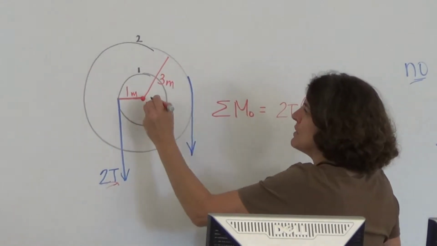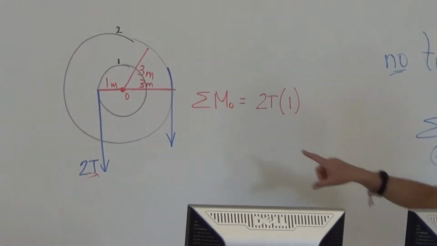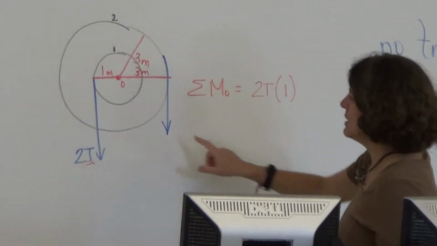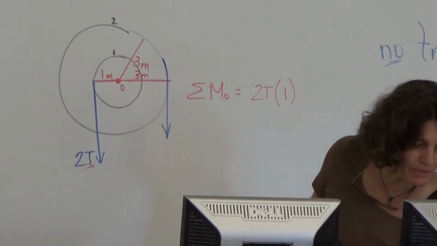And if this distance right here is 3, this is 3 too. So the sum of the moments for this, let's use a variable that's not in here. There's no P's, right?